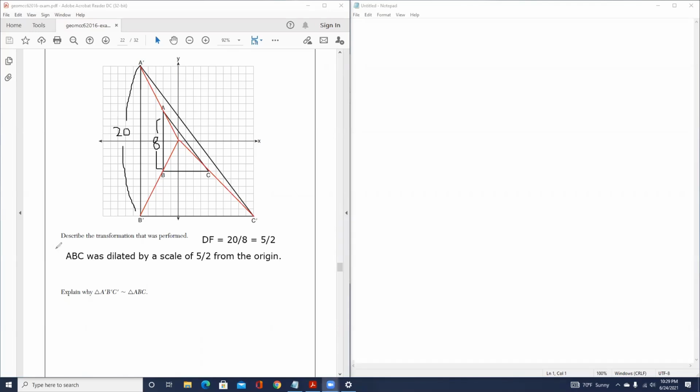Now this is because dilation preserves angle measure, so the two triangles are similar by angle similarity.